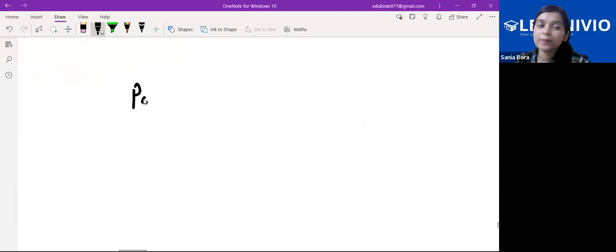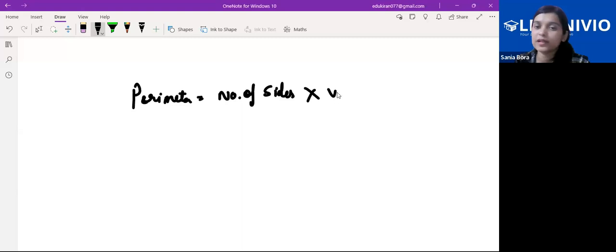If you need to find the perimeter, the formula is perimeter equals number of sides multiplied by value of one side. Clear? Okay, ma'am. Write down this formula.